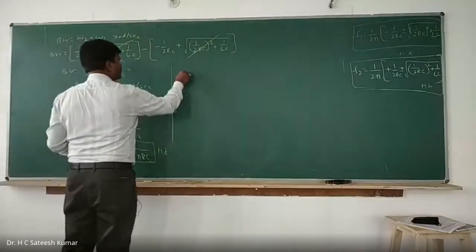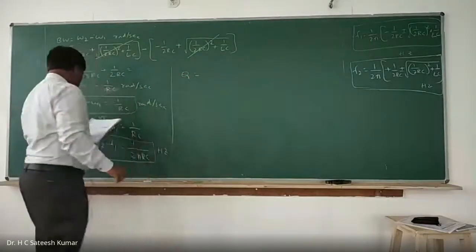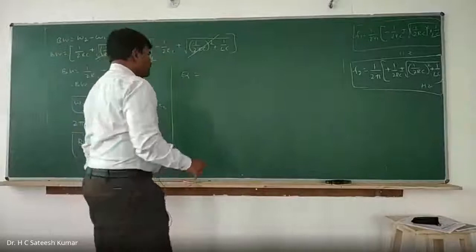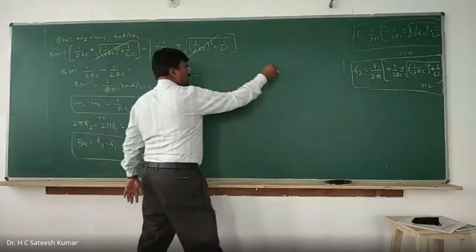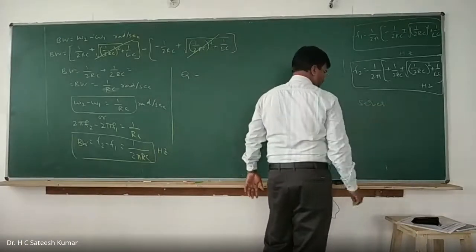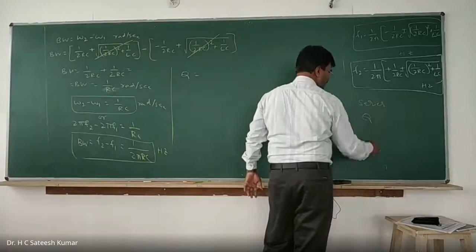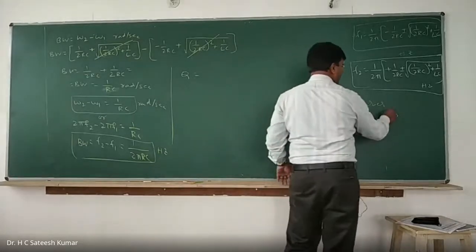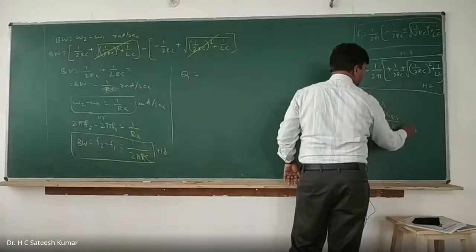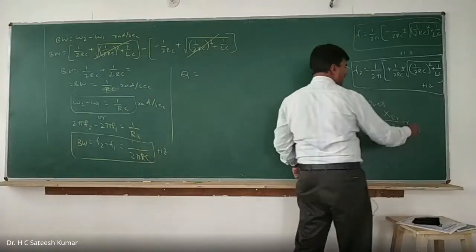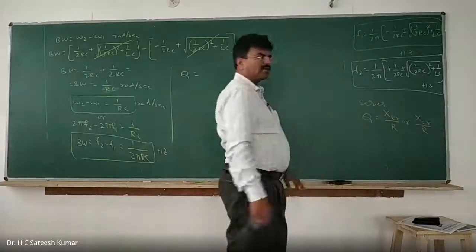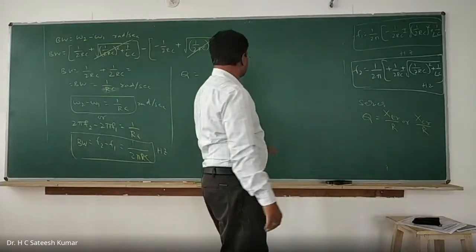See here, for a series resonant circuit, what did we say? The quality factor of a series resonant circuit is equal to the inductive reactance at resonance, or capacitive reactance, divided by R. But here it will become reciprocal because all the components become parallel.